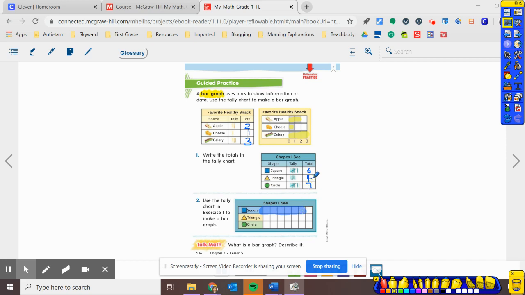For triangle, 4 people voted. So I'm going to color in my bar to be 4. 1, 2, 3, 4. There we go. And lastly, for circle, 7 people voted. 1, 2, 3, 4, 5, 6, 7.